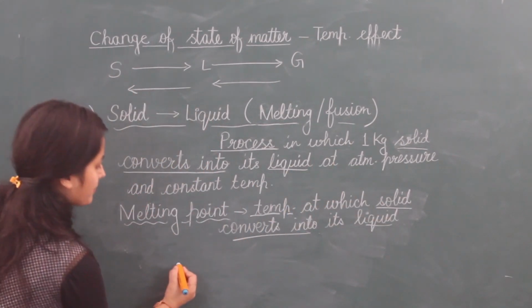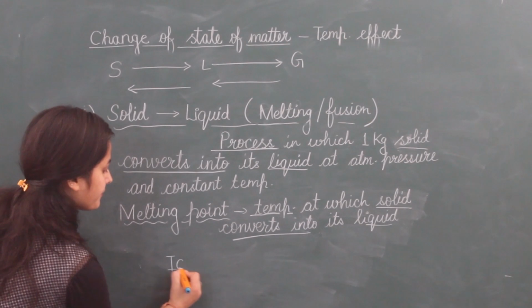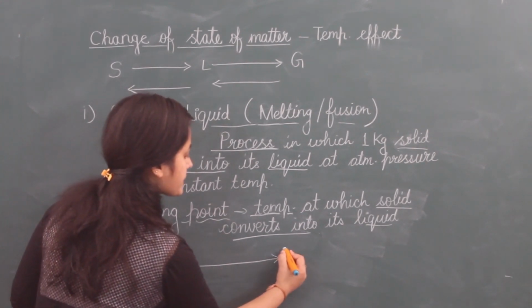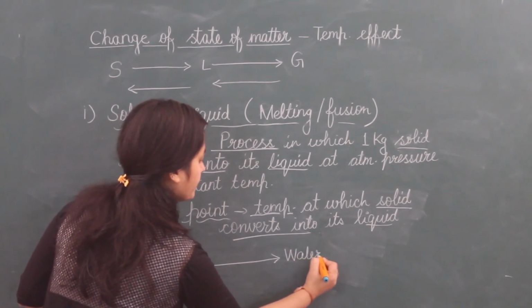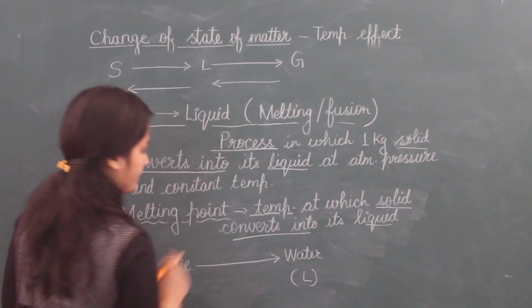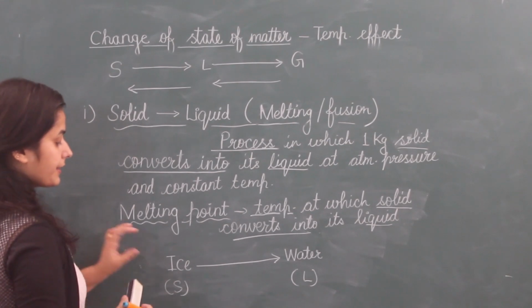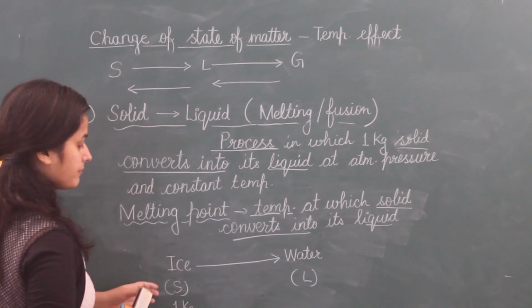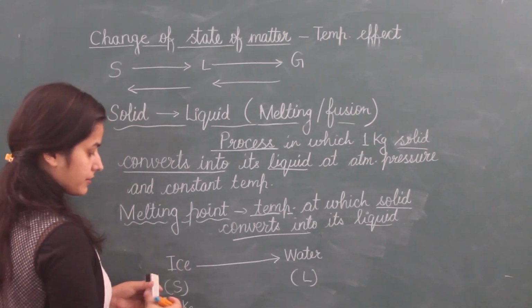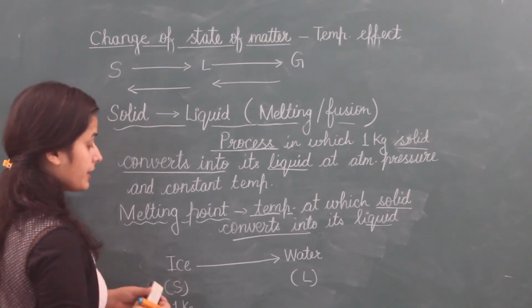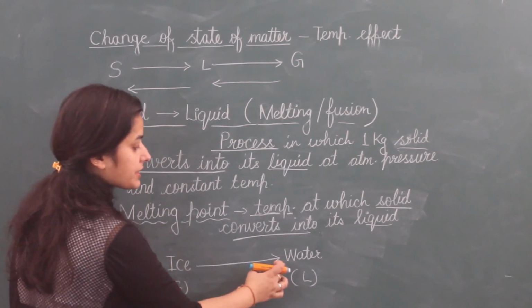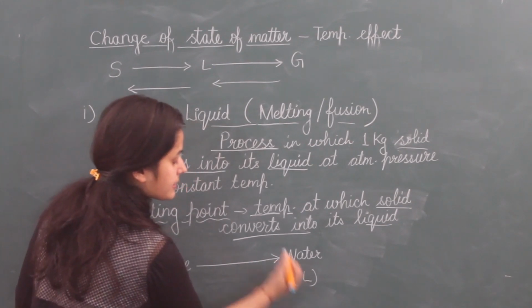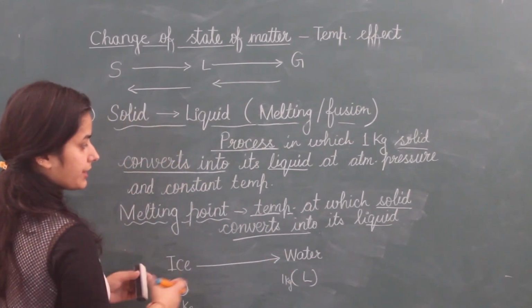I am taking one example here. Ice is solid. It converts into water. Water is liquid. So when we take 1 kilogram ice, then we heat it, we give heat, and this ice will completely convert into water, and its amount will be the same because we are not changing anything.